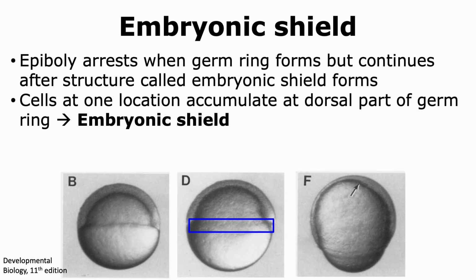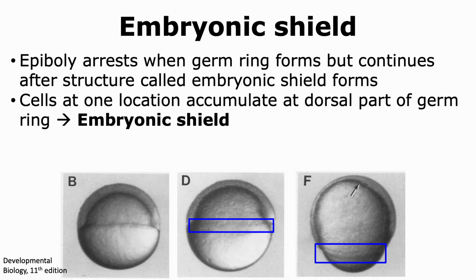Now, when we look at the part that's in the blue box, this is where the blastoderm has undergone epiboly, and once the embryonic shield has formed, the epiboly process will continue. And we can see in the last figure in the blue box that part of the yolk has been covered through the process of epiboly.